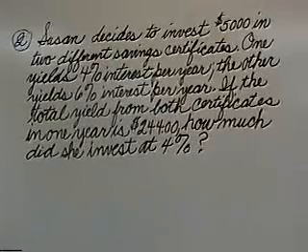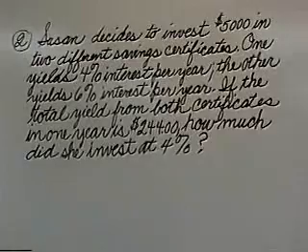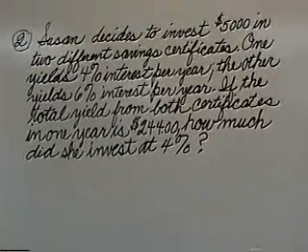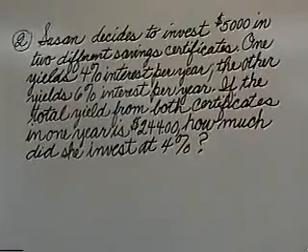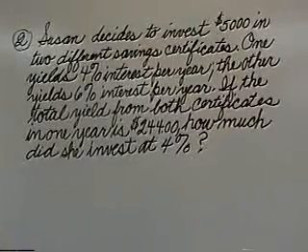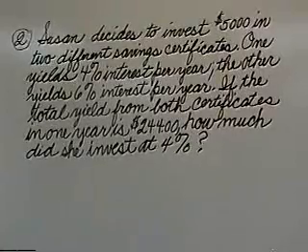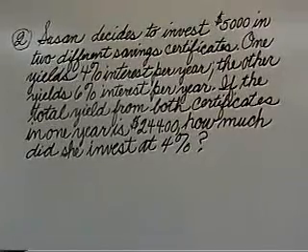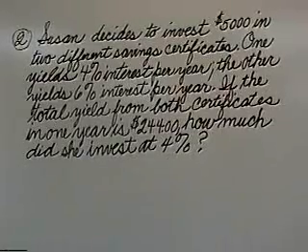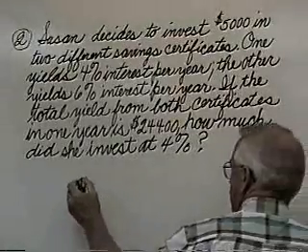Well, that means if I take the 4% of one certificate, take that much money, that's how much I'm going to earn, and then add it to the 6% of the other amount, then that total is $244. So basically, let's look at what you do. What you do is this.